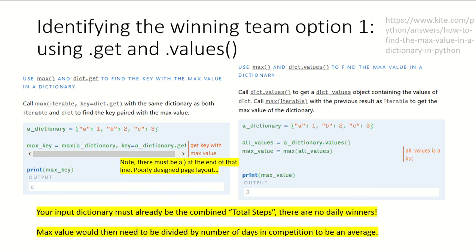On this slide, I cover what I call option one, using the .get and .values methods for dictionaries, and I guess the max method too for iterables, including lists. This is found right up at this URL, how to find the max value in a dictionary in Python.